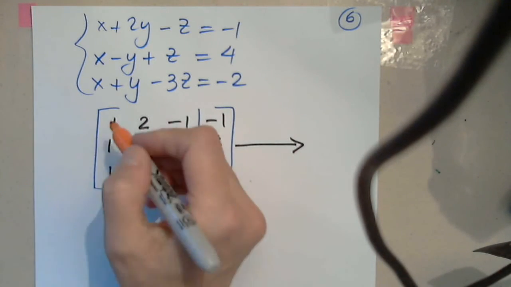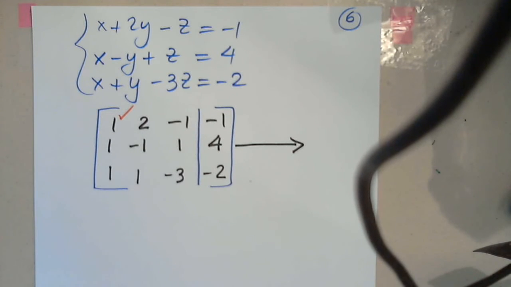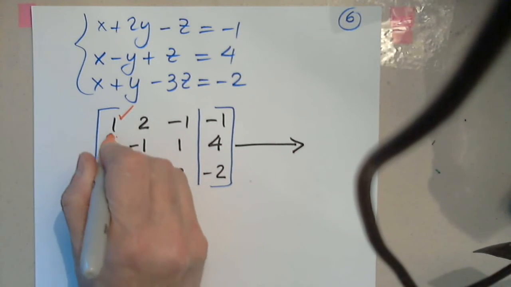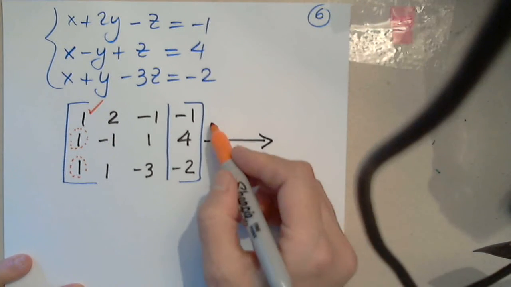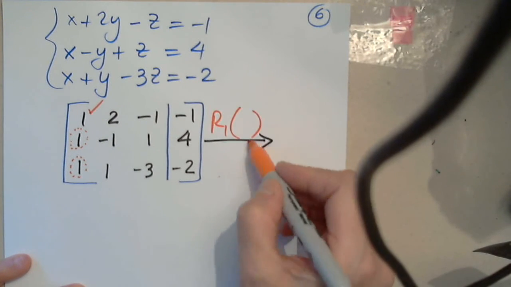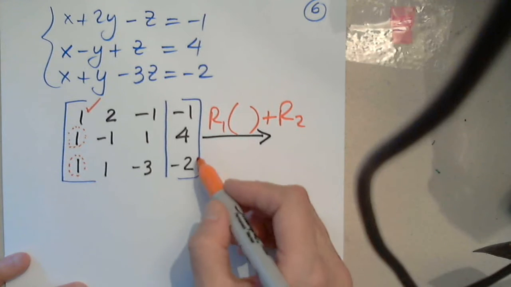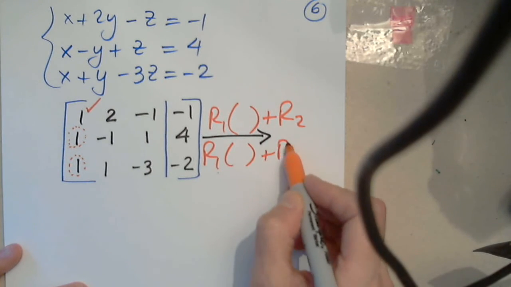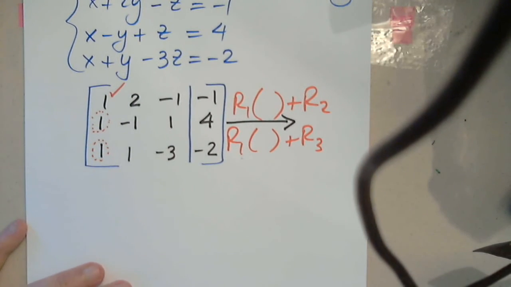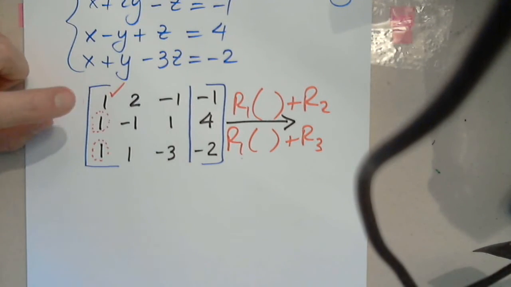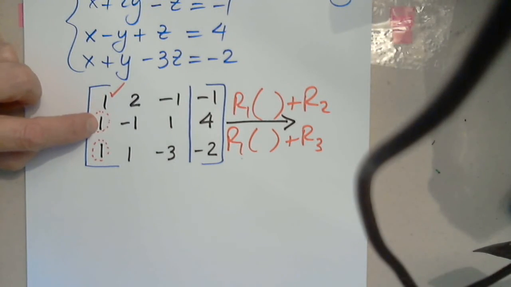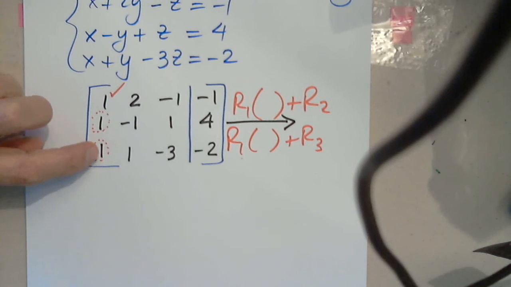So from here, my first element is done. I have the 1. I can start getting the corresponding zeros. I need a 0 here, and I need a 0 here. Obviously, I have to use row 1 and add it to row 2, and row 1 and add it to row 3. What do I multiply row 1 by to get the 0 here, and to get 0 here?